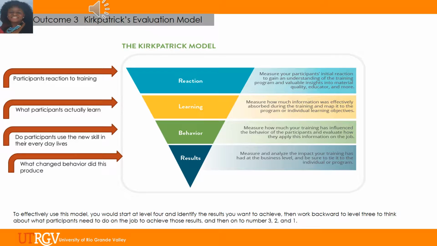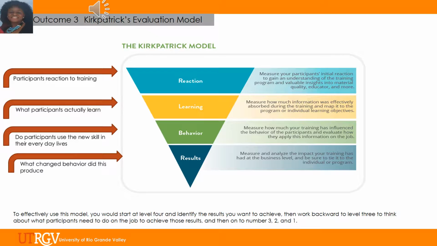Level 1 today is reaction, and in this level, we will measure our participants' initial reaction to the training. Did they gain an understanding? Did they comprehend? The four-level model itself consists of 4 levels: reaction is 1, 2 is learning, 3 is behavior, and 4 is results.